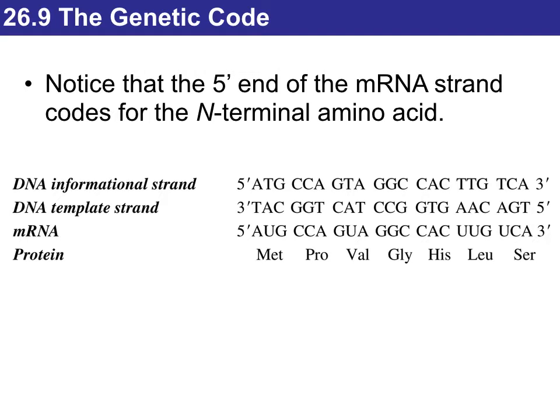From there, 3' to 5', you have the messenger RNA that runs the opposite way, 5' to 3', which is basically the same as the informational strand, except that you replace thymine by uracil. And then it shows you on the bottom each triplet that codes for a different amino acid making that protein. So AUG is actually the starting point, methionine, proline, valine, glycine, histidine, leucine, and serine.